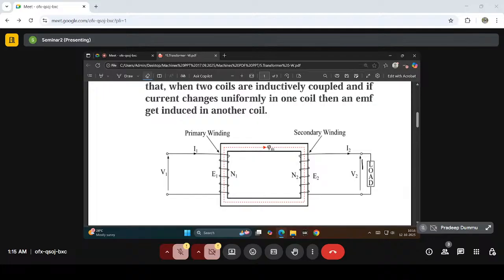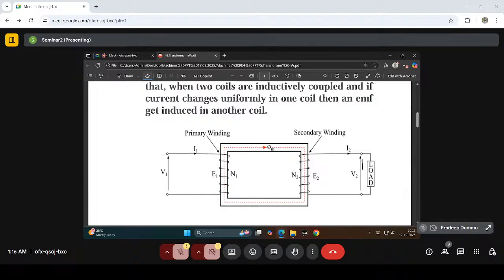Now give the supply, on the left side or the right side, any one we have to give. This is called coil 1, this is called coil 2.